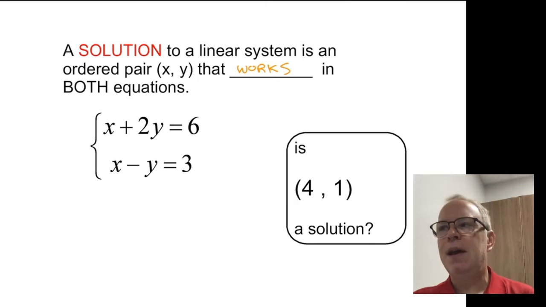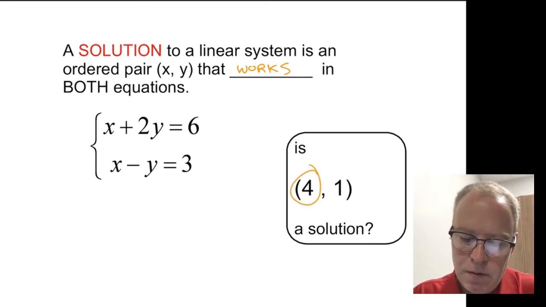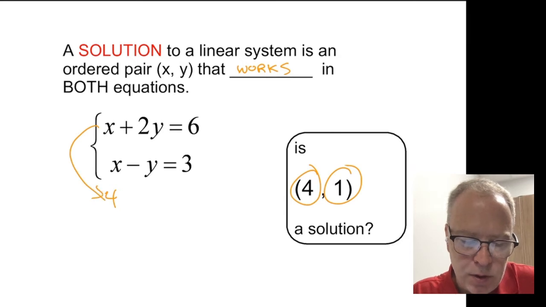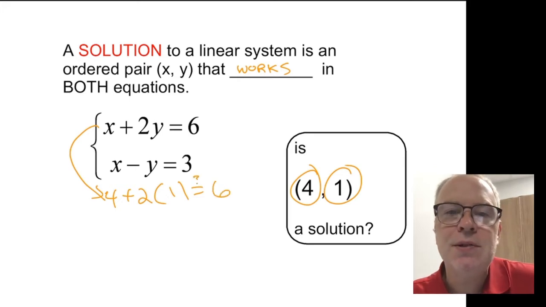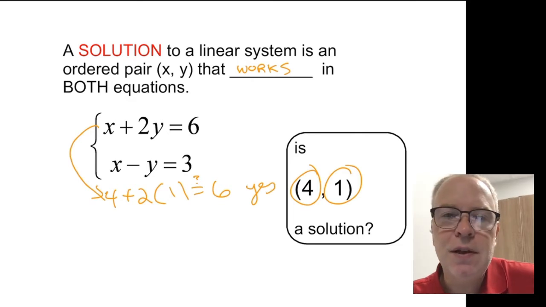Well, the same thing happens here with systems. So I'm going to plug 4 and 1 in. So I'm going to put 4 in right here. I'm working this one. 4 plus 2 times, and then y is 1. Does that equal 6? Does it work? Yes, 4 plus 2 is 6, so yes.